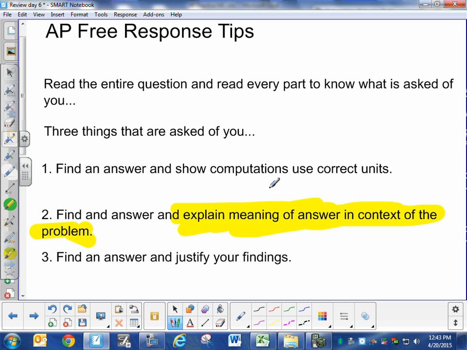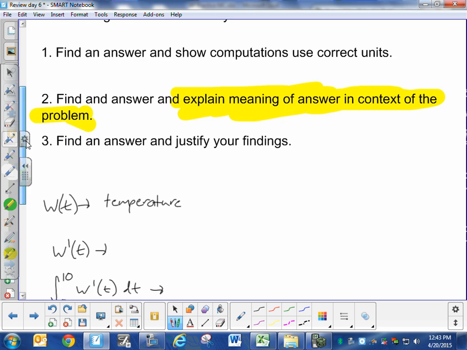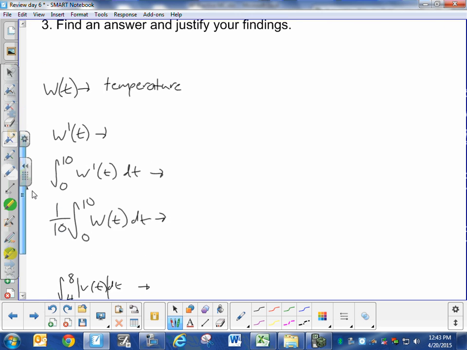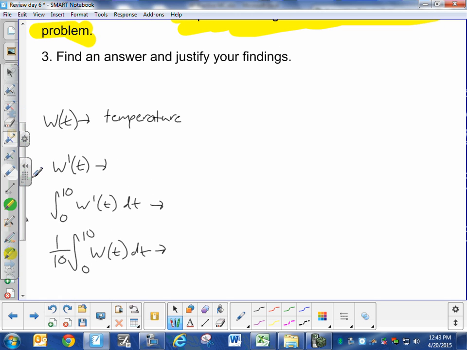So what would be good answers? Let's go back to that number 1 problem from 2012. If you're told that W is temperature and you're asked to find W prime, what would a derivative be? What would I say W prime is? I wouldn't say it's the derivative. What does the derivative mean?